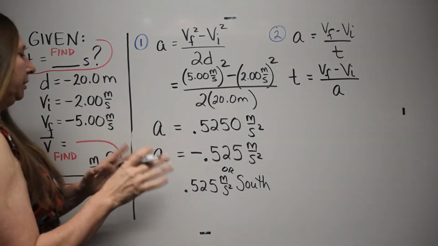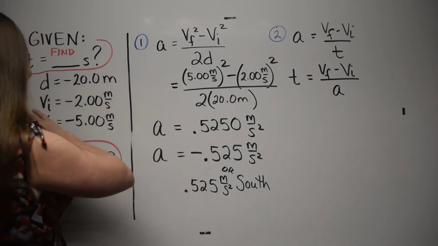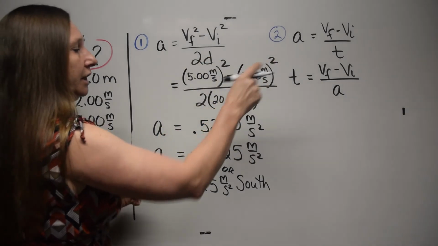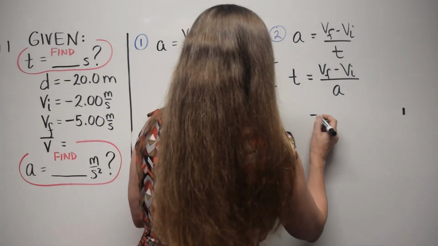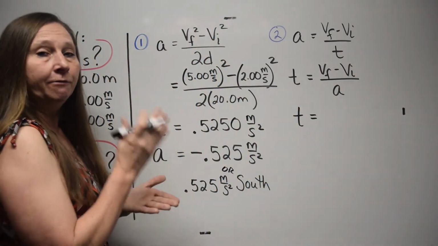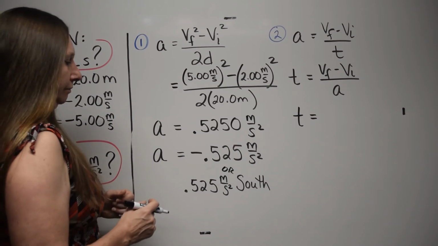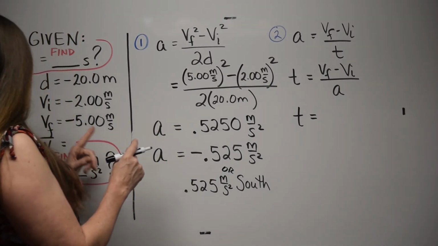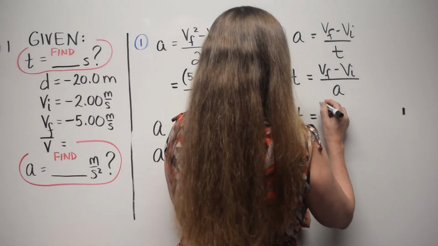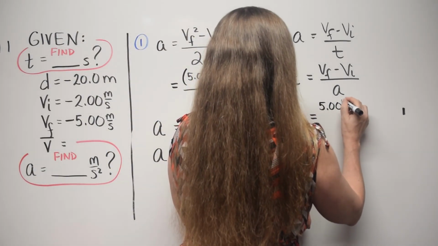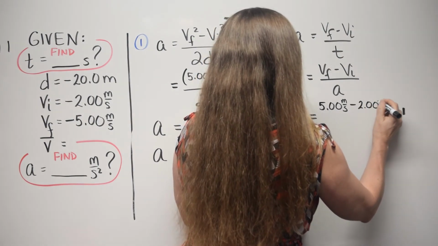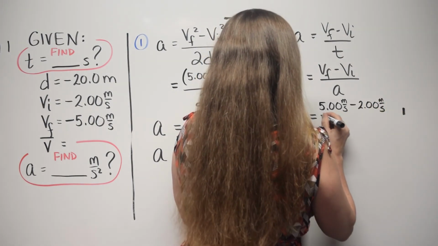So let's plug in. And again, because everything is negative, we do not have to put the negatives into the equation. We get the same answer whether we put the negatives in or we don't, because everything is negative. So V final, 5.00 meters per second minus 2.00 meters per second.